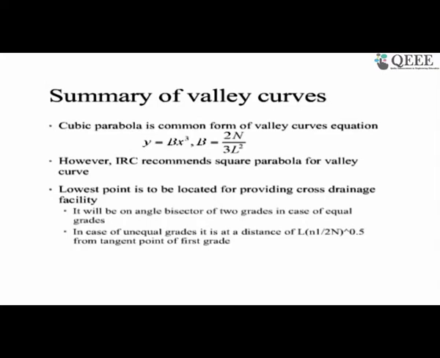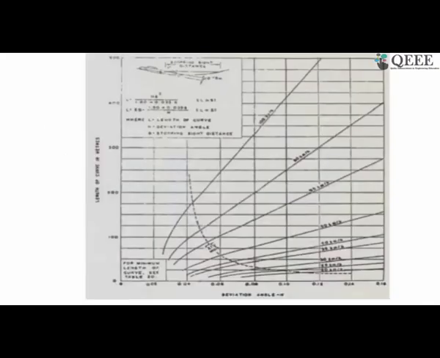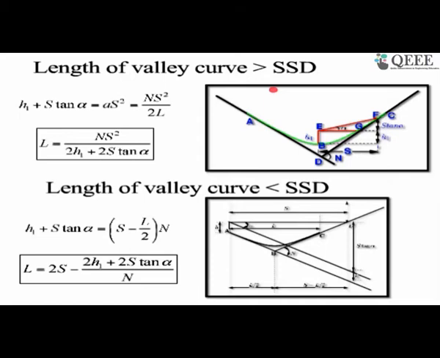Now another question was why overtaking sight distance is not considered for calculating the length of the valley curve. What I tried to say here was that these equations are for sight distances.